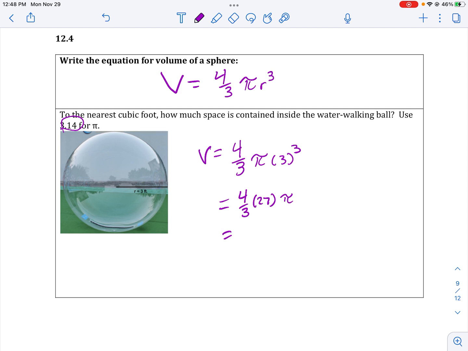And then 4/3 times 27 is 36. Now it said use 3.14 for pi, so I'm going to substitute 3.14 in for pi. And 36 times 3.14 gives me 113.04, but it said to the nearest cubic foot, so it'll be 113 cubic feet.